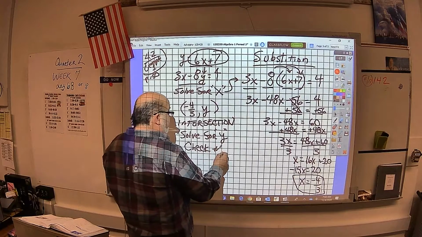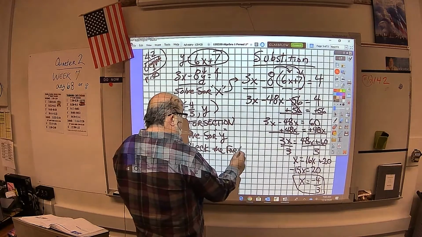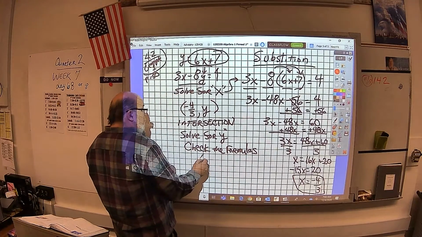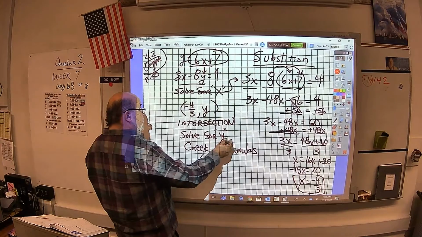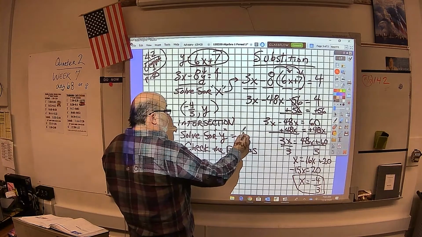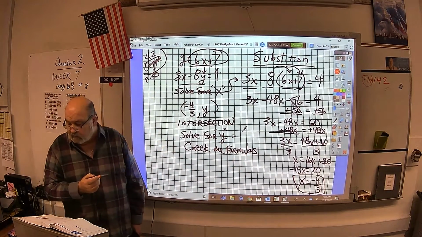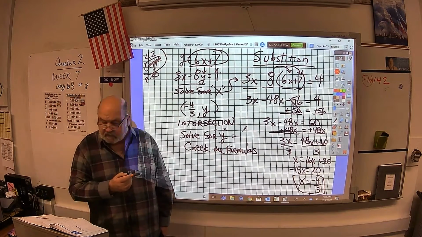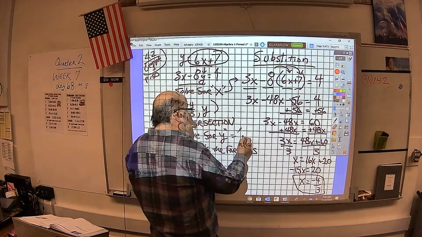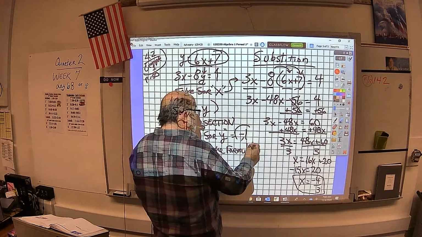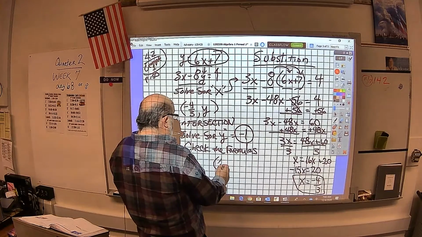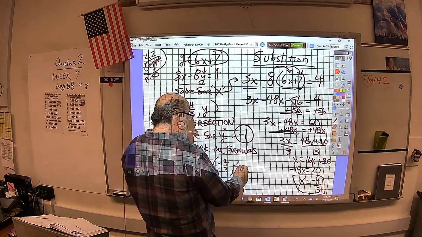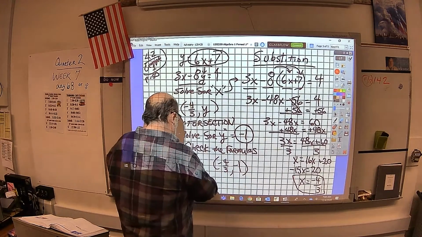Check the formulas. When you check the formula, and by the way, when you solve for y, y actually equals negative 1. So we'll have negative 4/3, negative 1 as our answer.